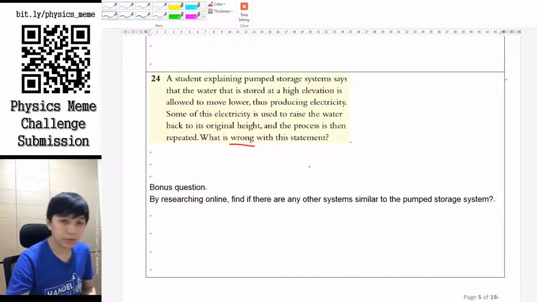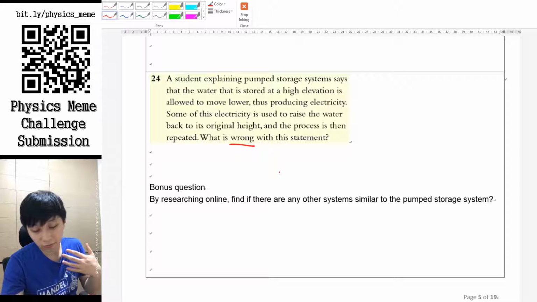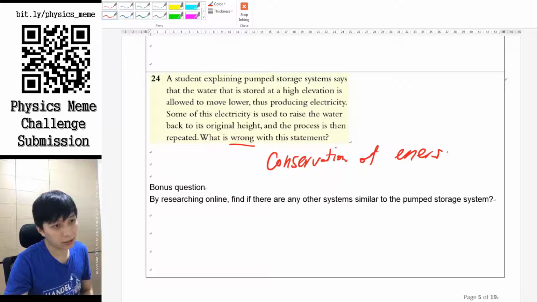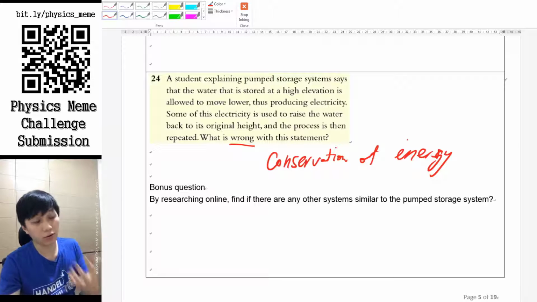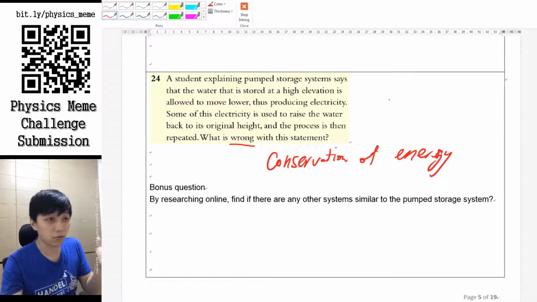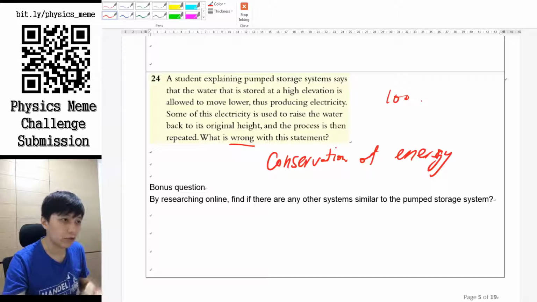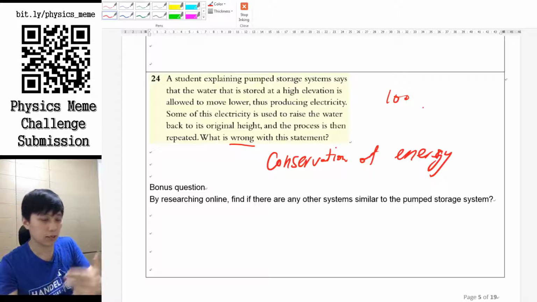A few moments later. Okay, so this question shouldn't be hard for you. The basic idea to go against his or her statement is simply conservation of energy, right? When you get the energy from the potential energy, say you have 100 joules or 100 arbitrary units, when you get the water down, you probably only get maybe 60%, right?